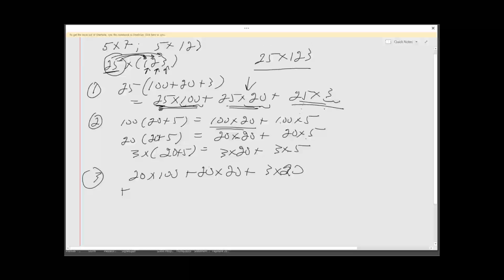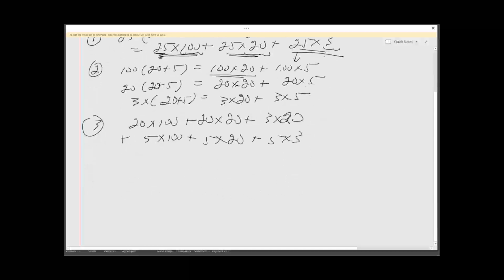Plus, and then I'm going to work down this column, 5 times 100 plus 5 times 20 plus 5 times 3. You'll see in a moment why I kind of turn them around. So again, if you think about these for a minute or two, there's a very interesting pattern that comes out.